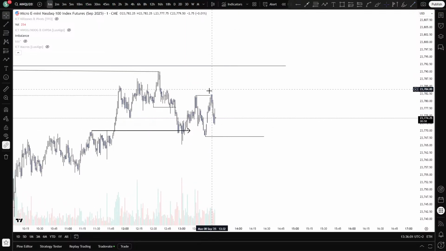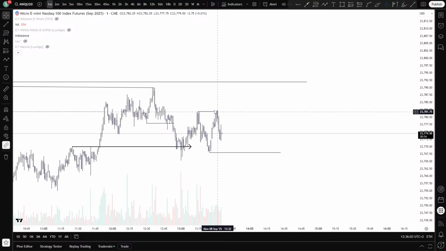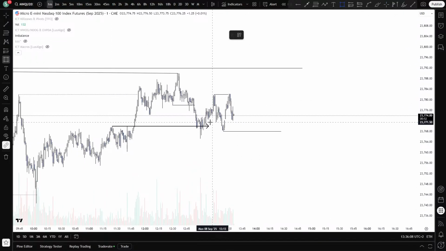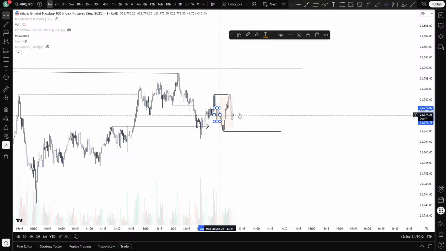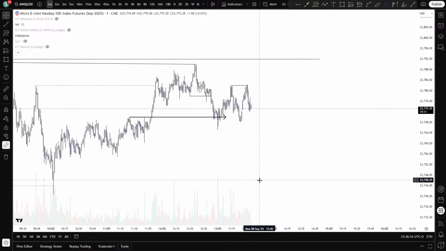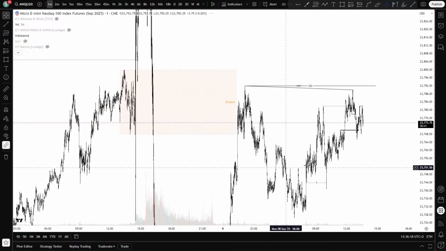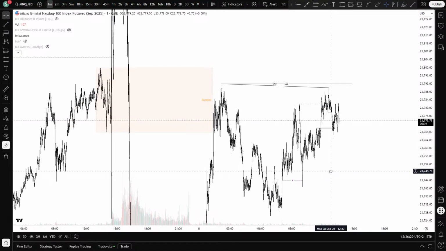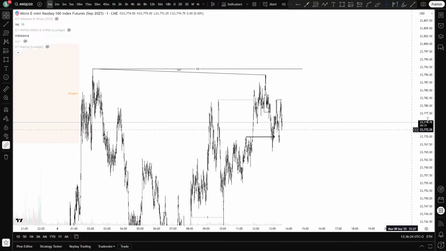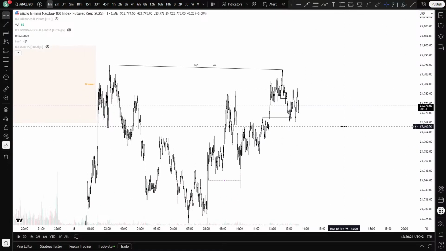This isn't the most convincing high, I must say. Not really wicks, not far above the high, but people are gonna start buying here. So let's see if we can get some local manipulation in the price. I mean the local range we're building right now. Just have to wait for the next macro and see what happens there.